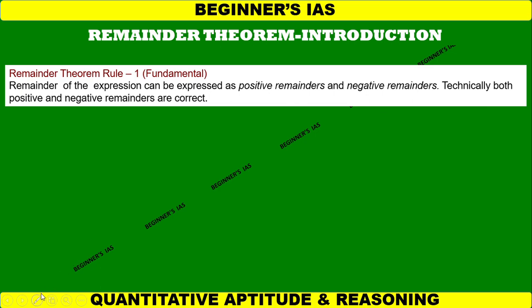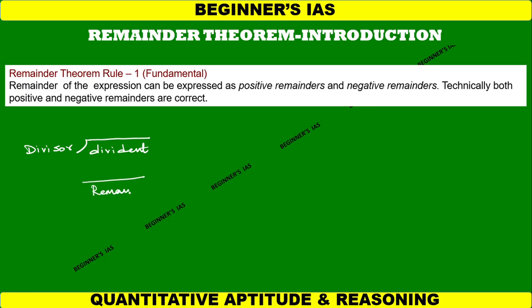With this, we will move on to some basic remainder theorem concepts. You all came across this in your school days. They will give you a dividend and then they will give you a divisor. With the dividend and divisor, they will ask you to identify a remainder.